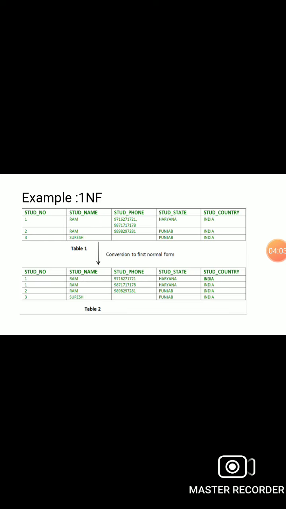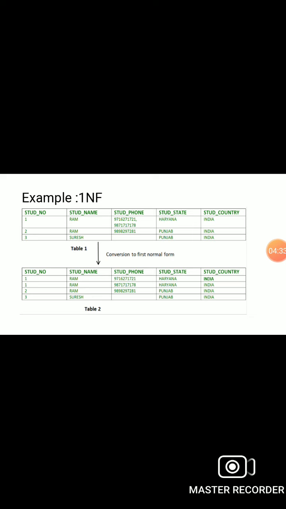Coming to this example, we have student number, student name, student phone number, student state and country, and we are converting it into first normal form. Suppose one RAM has two phone numbers and another RAM has a single phone number. One RAM is staying in Haryana state, India, and another RAM is staying in Punjab, India. Suresh is another name.